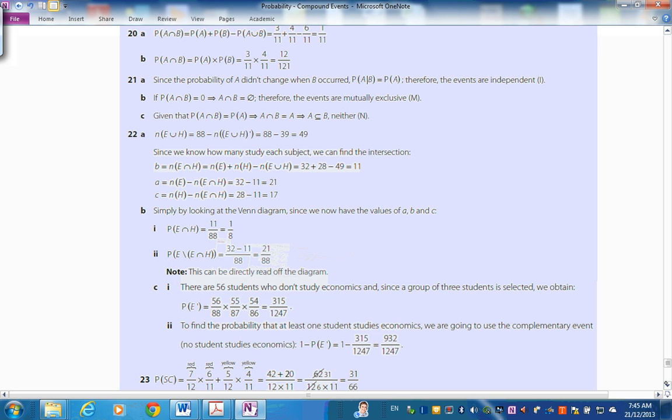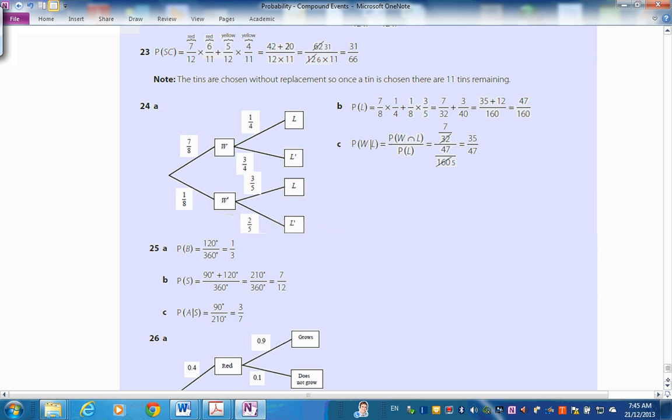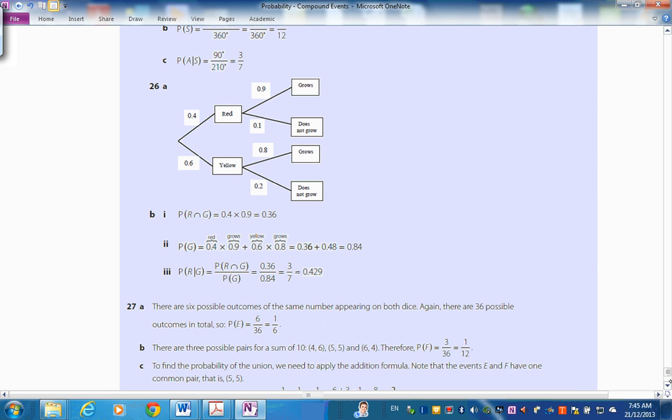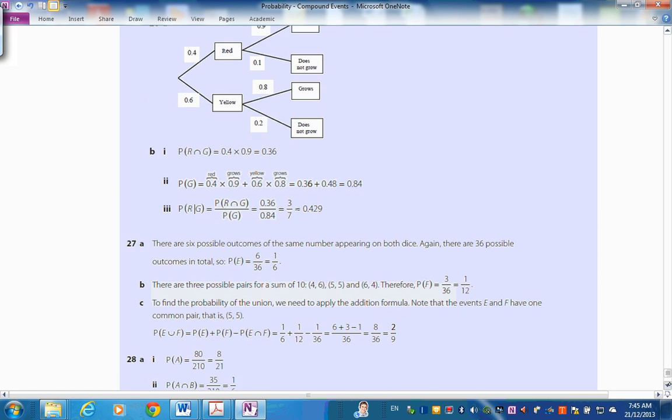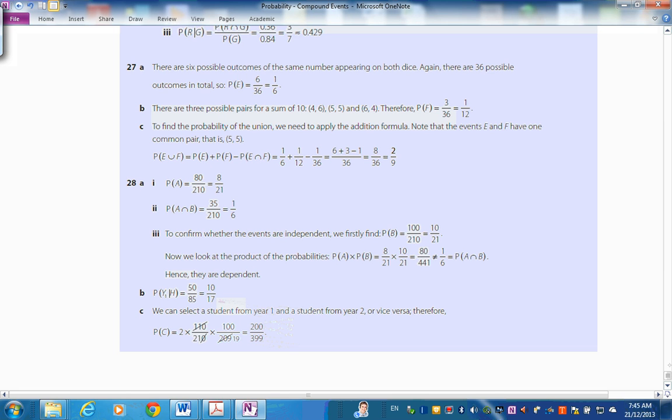See if we can get the rest on. 20 through to 22. Through to 25 there. 26. 27 and 28.